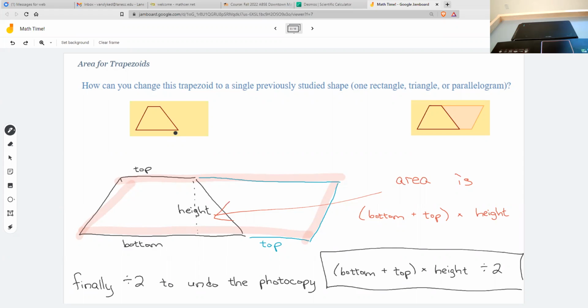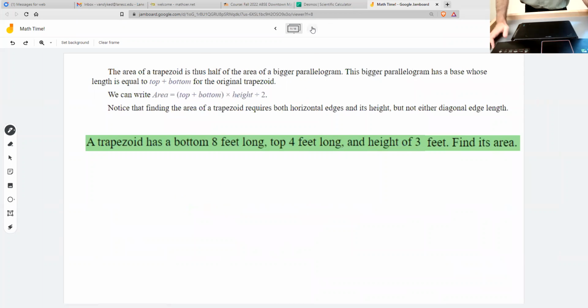We added up lots of things. The average. The official word was mean that we learned last time, like the average. So it's the average of top and bottom times height, if that helps you memorize the formula. Okay. And I think that's all for this.